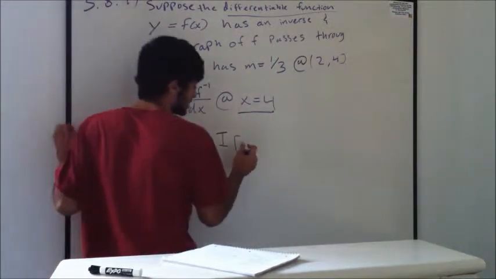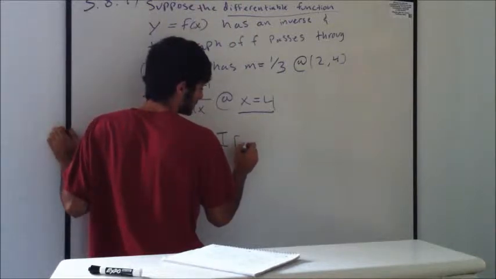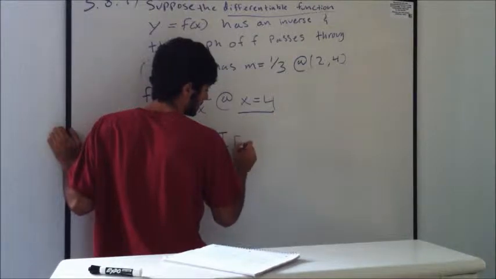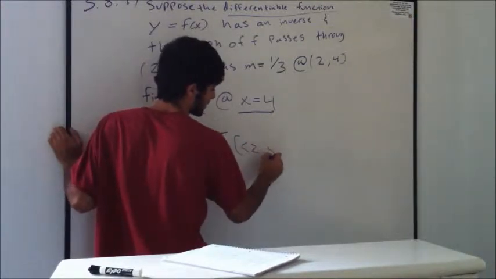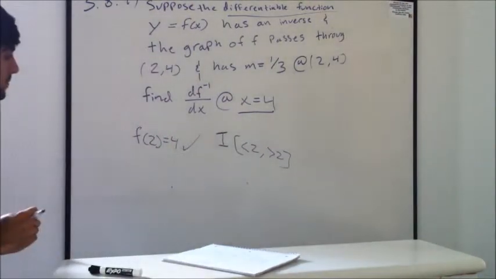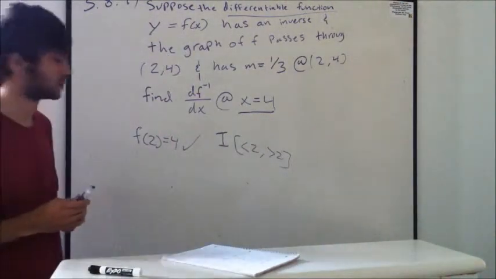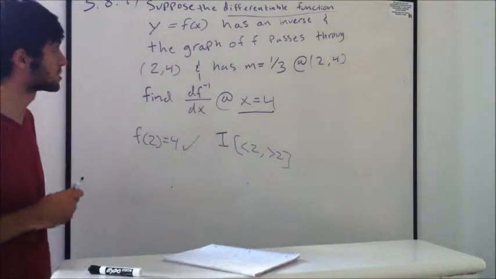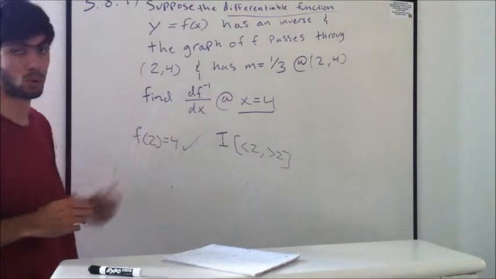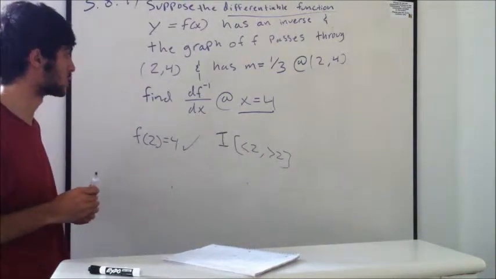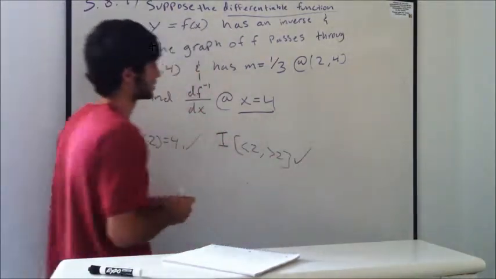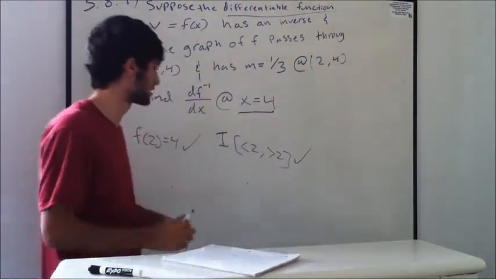So we can say something less than 2 and something greater than 2. All our I interval does is make sure that the derivative isn't 0 at our point, because that's when this formula doesn't work. So we can check that off because we know that the slope is 1/3 at this point.